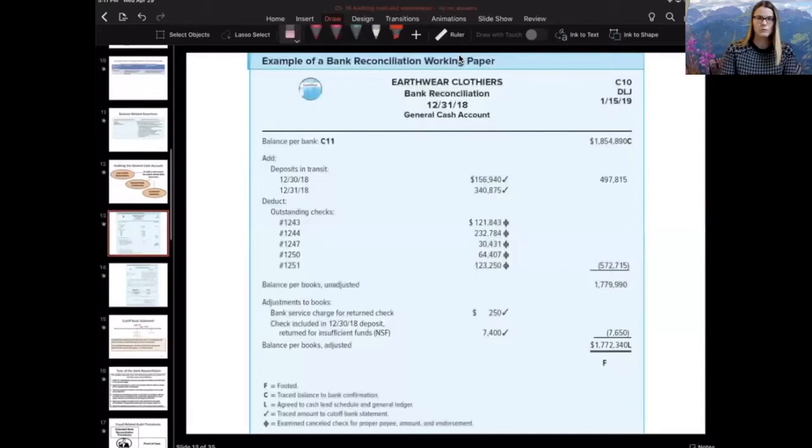So normally we have the bank reconciliation, and what we would do is make sure we confirm the balance. We would make sure we tie this to the trial balance. And for reconciling items, what we typically do is test all reconciling items over our scope.